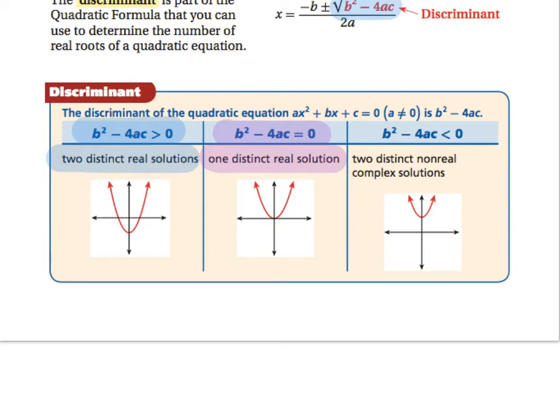And as we recall in our second examples in the last lesson, we had imaginary numbers or complex solutions, and the b squared minus 4ac in those cases was negative or less than 0. So when it's less than 0, we're going to have two complex solutions, or two solutions that involve i.